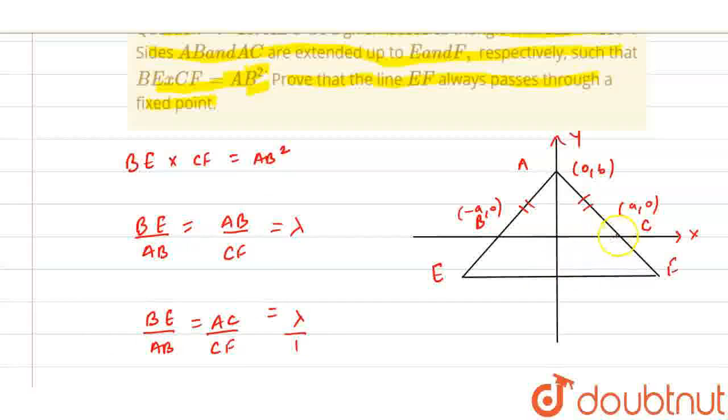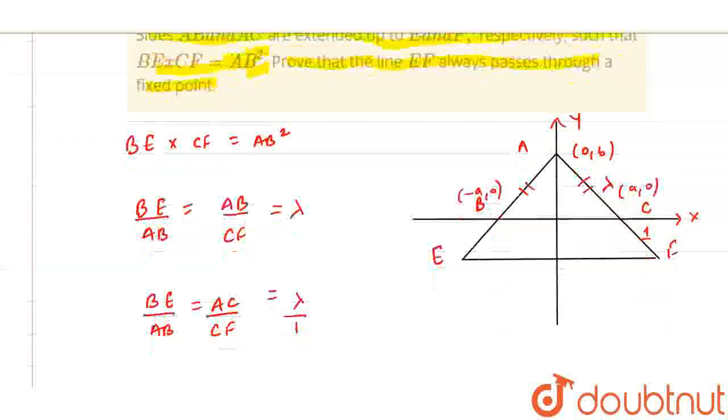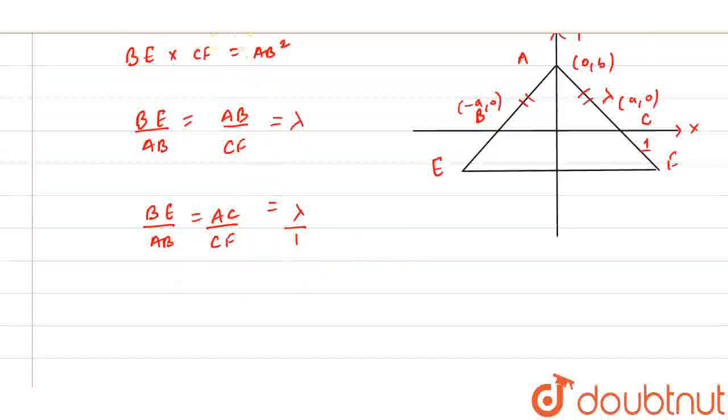So we can say that point (a, 0) divides it in the ratio lambda to 1, so we apply the section formula. We know that a is equal to (m1 x2 plus m2 x1) divided by (m1 plus m2). Here m1 is lambda.